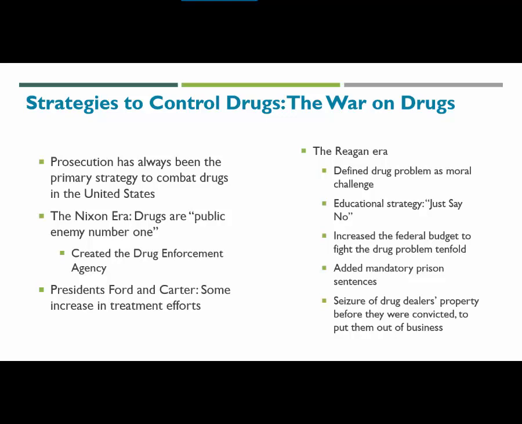And they began this practice of the seizure of drug dealers' property before they were even convicted. This was a way of putting them out of business. So even if they didn't necessarily have a particularly strong case, or as was maybe even more common, if there was some lack of protocol followed that resulted in the case being thrown out of court, they had seized the property.